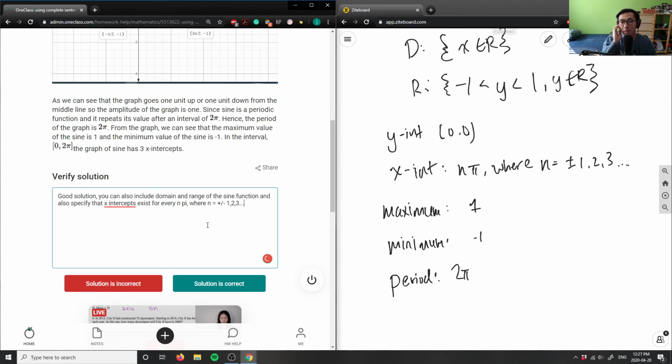Basically every integer, because again, it repeats both for the positive and the negative signs here. So this solution here is correct, but you can also include a little bit more information when we talk about this graph here.